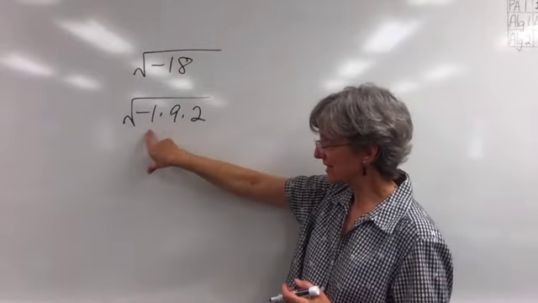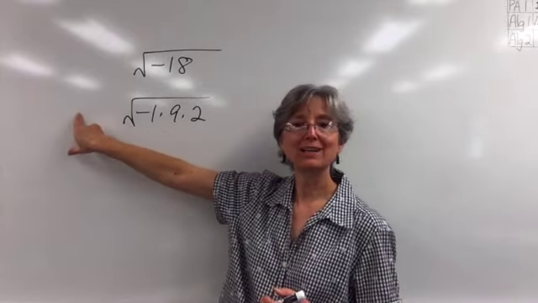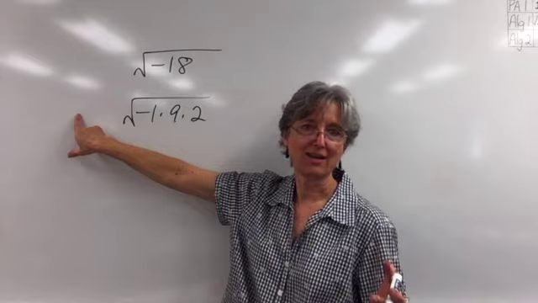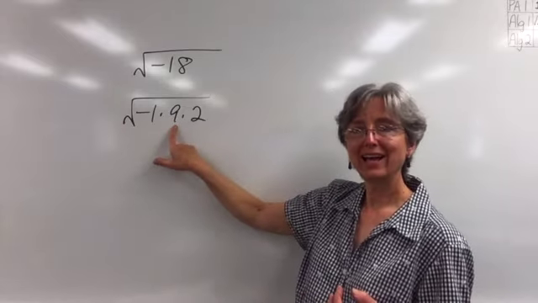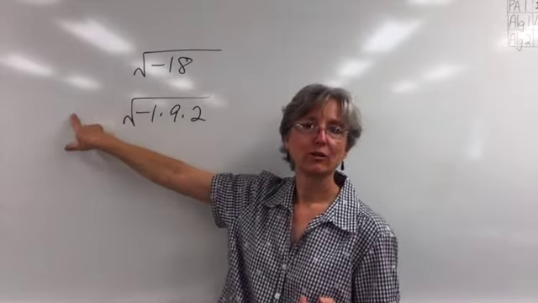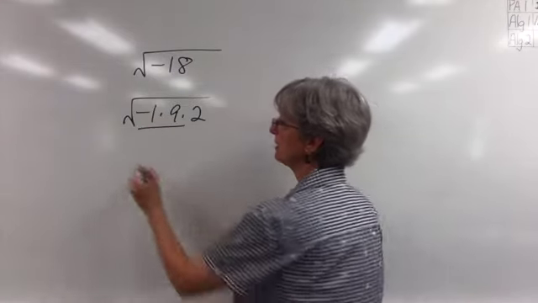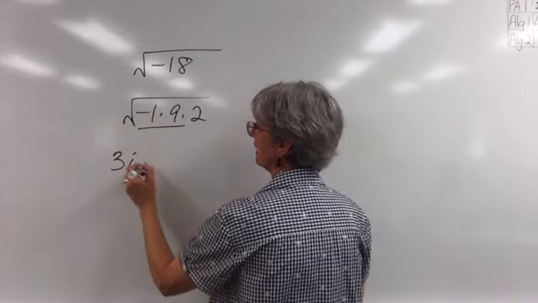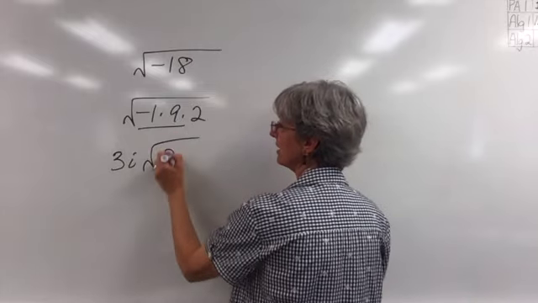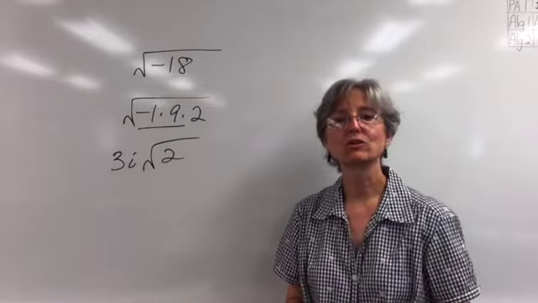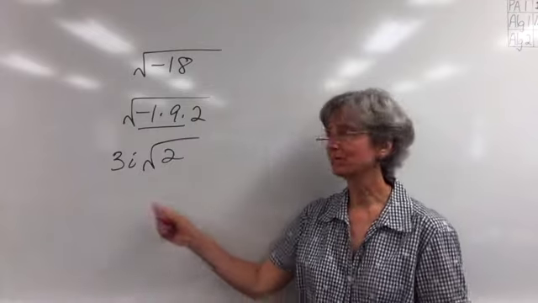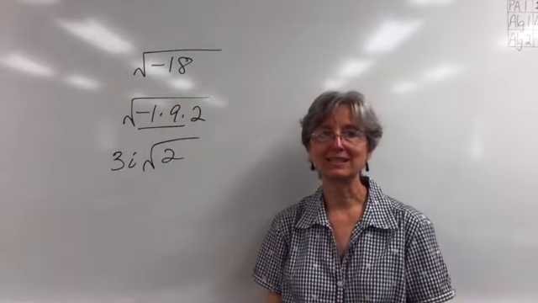So if I bring this -1 out, it becomes i. And the square root of 9 is 3. So I bring this out here, and it becomes 3 times i, and inside my radical is left the 2, and I've simplified the square root of -18.